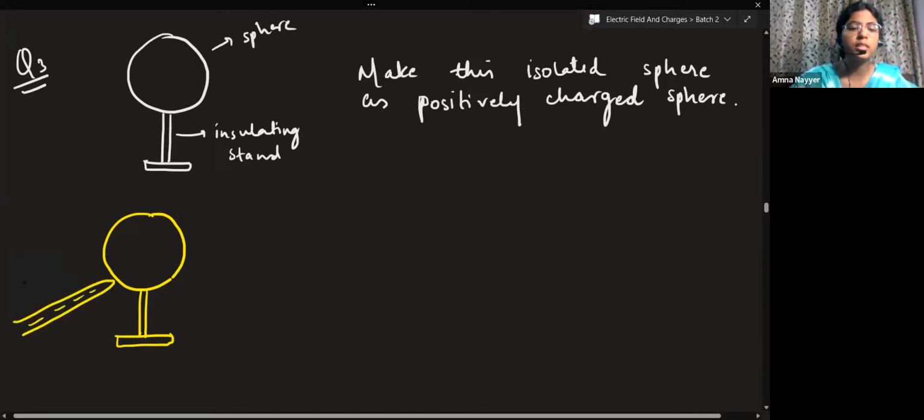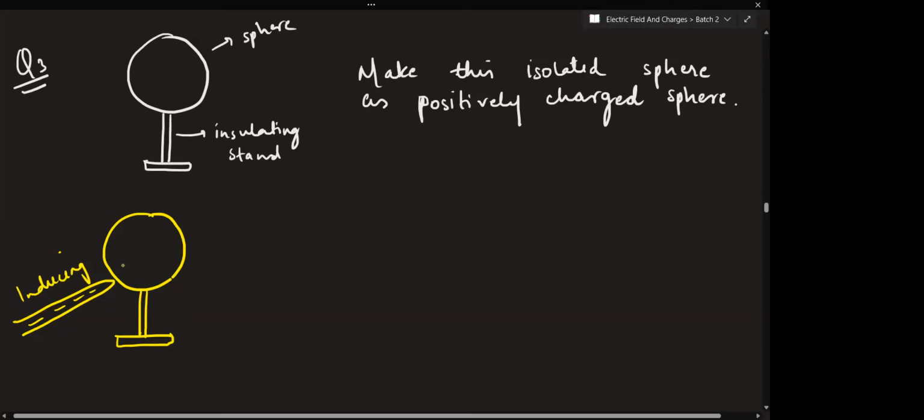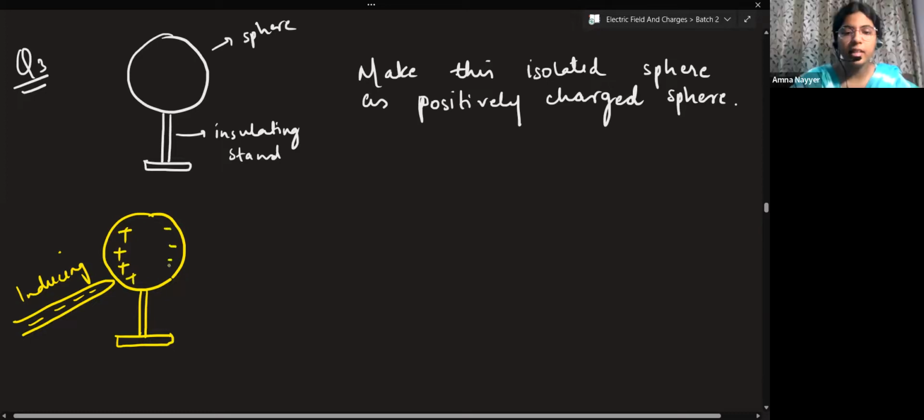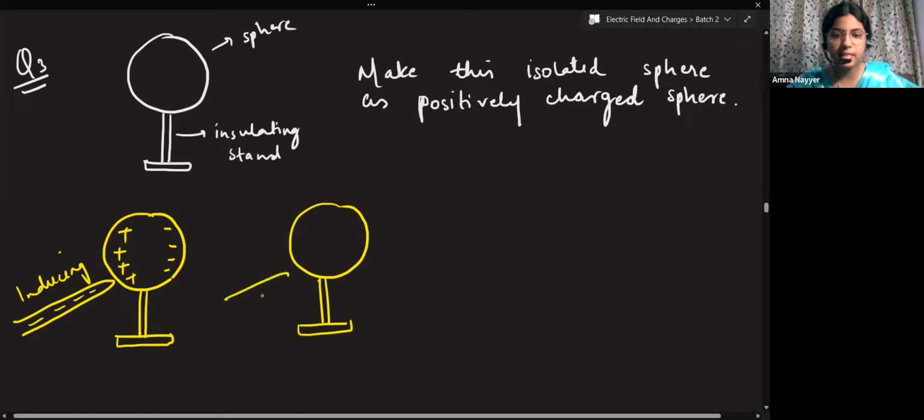So this is the inducing charge. If I have taken the inducing charge as negative, what charges will be accumulated at this end? Positive charges. And the other end will have negative charge. Now see, if the other end has negative charge, while keeping the glass rod at its place, I have earthed it.